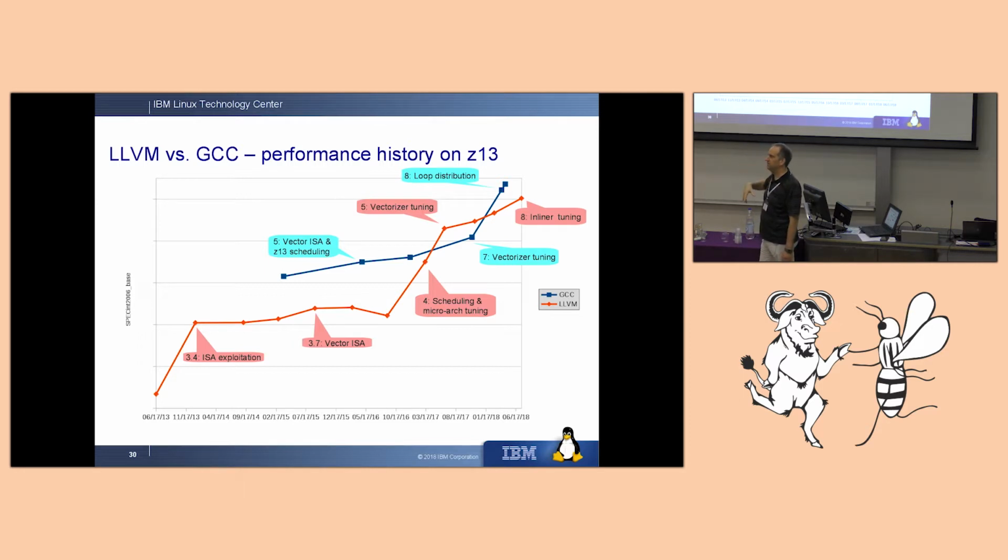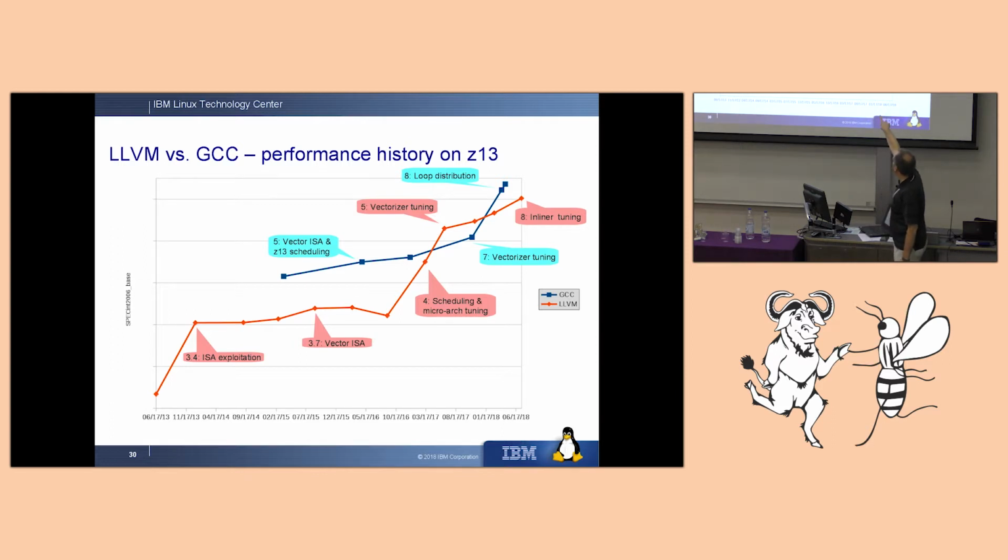It didn't use all the ISA, it didn't have any scheduling, it just worked correctly. This big jump was in 3.4. We actually started using things like test-under-mask and other more complicated instructions. In 3.7 we added the vector instructions, but didn't tune the vectorizer yet. That's why you only see a small bump here. Then I don't know what happened there.